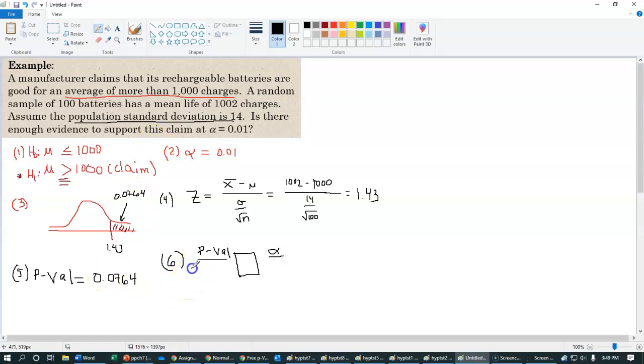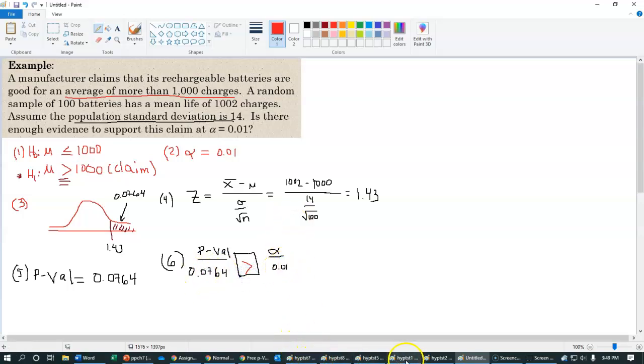And what is my p-value? 0.0764. What is my alpha? 0.01. See, that was from step 2 up here. And the p-value from step 5. And then from left to right is the p-value. Is this decimal 0.0764 bigger or smaller than 0.01? Well, in our case, it's going to be bigger. This number is bigger than that.